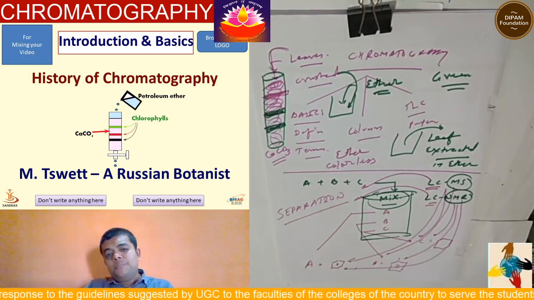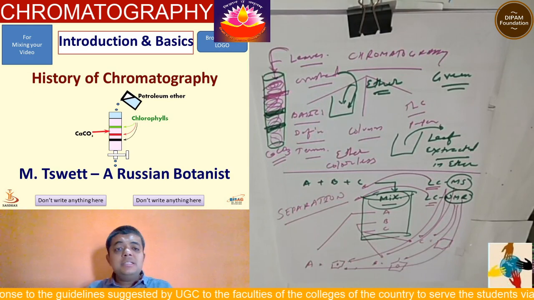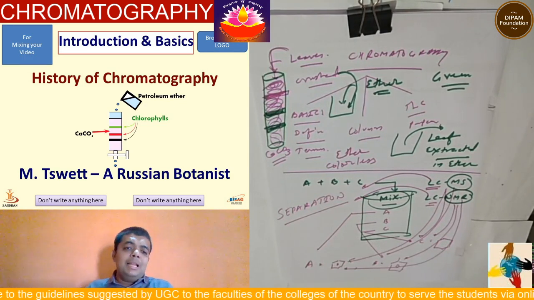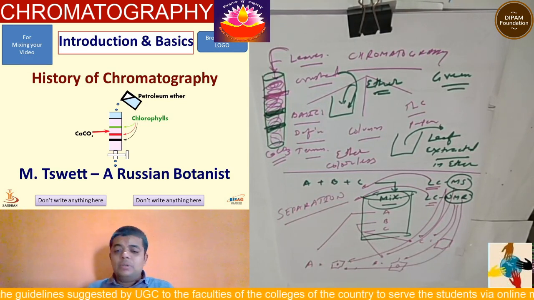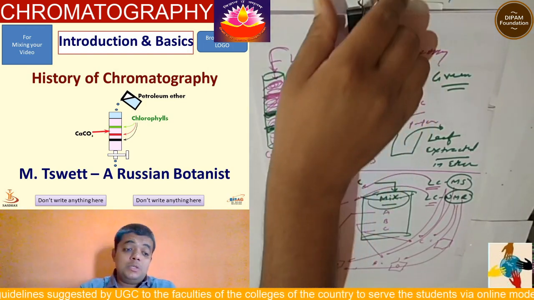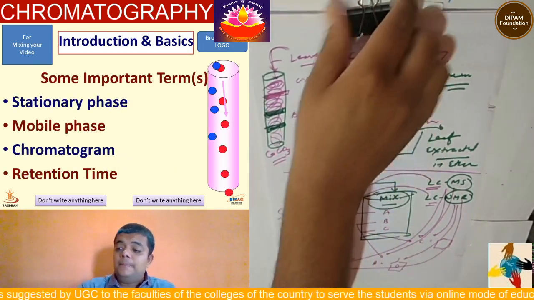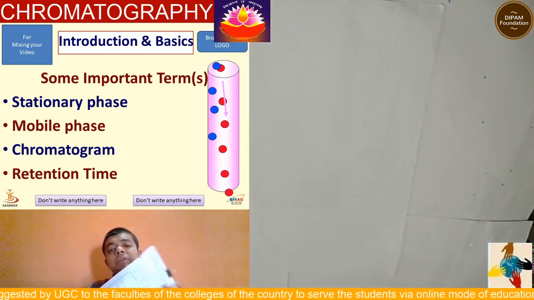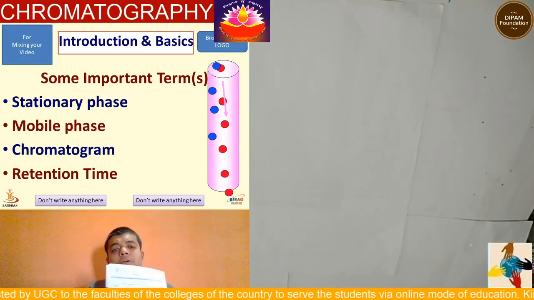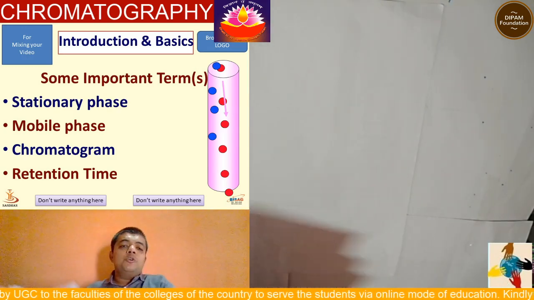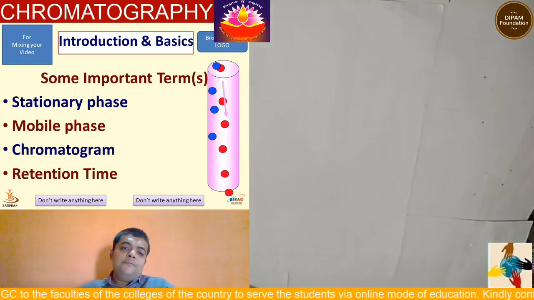So this was how chromatography came into existence through a very simple experiment by a Russian botanist, Mikhail Sven.